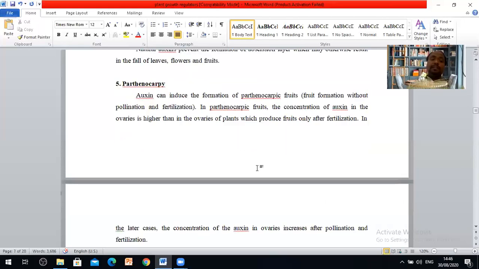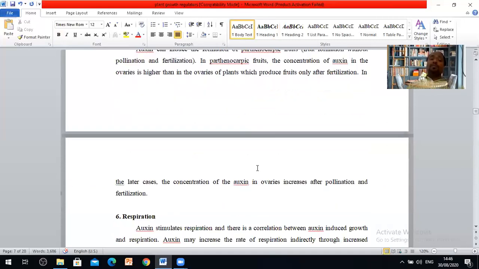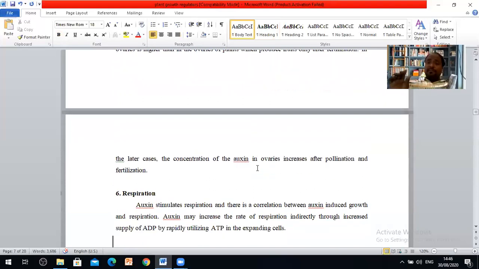In the latter case, the concentration of auxin in the ovaries increases after pollination and fertilization. But if the concentration of auxin is increased after fertilization, it will not allow seeds to form in that particular fruit.